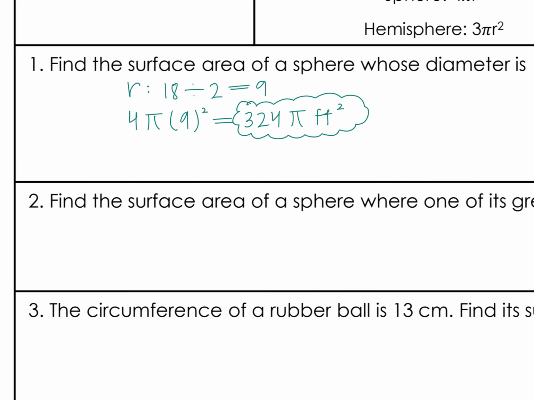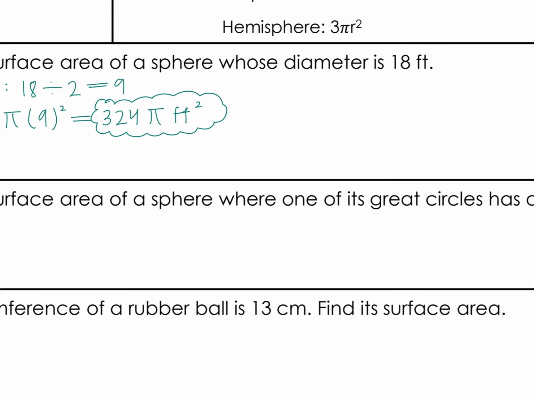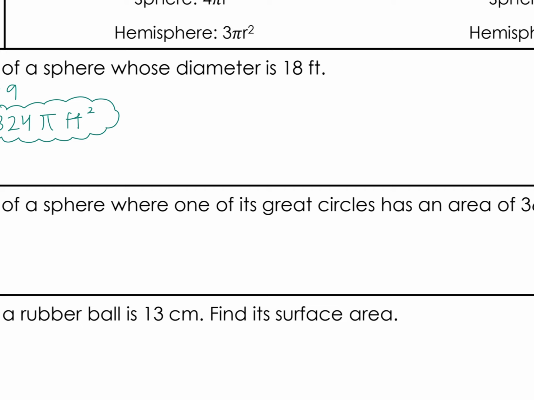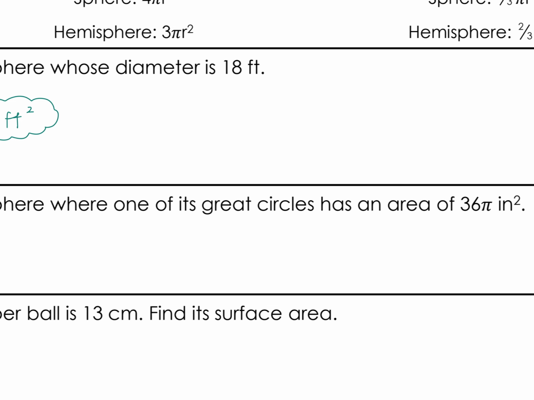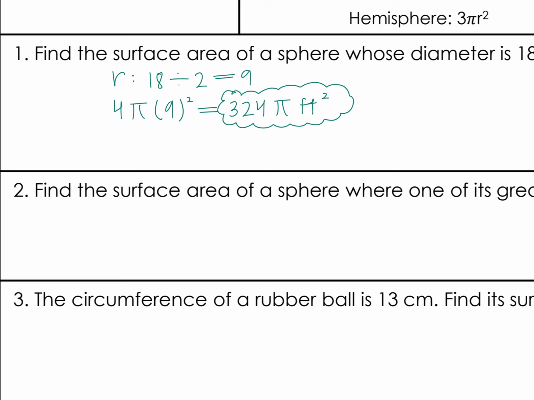In number 2, we are finding the surface area of a sphere where one of its great circles has an area of 36 pi inches squared. Because our great circle has an area of 36 pi inches squared, that should have the same radius as our sphere.